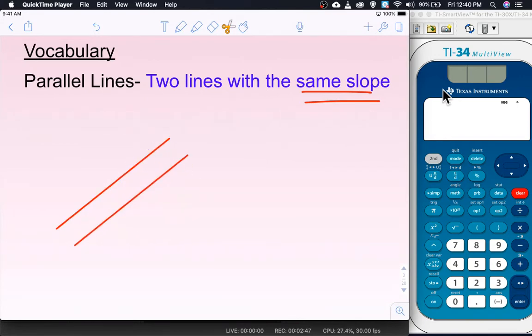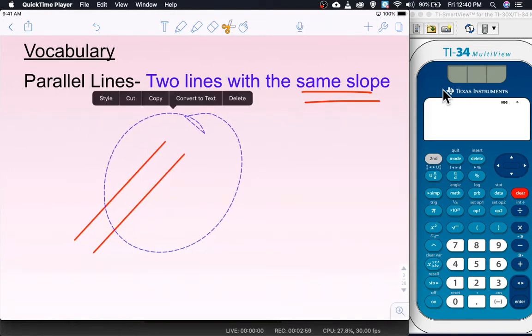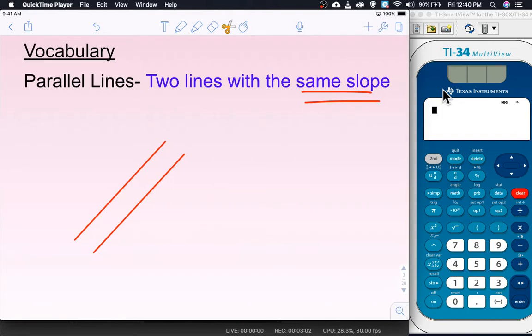So most people think of it like this, and a lot of students say, oh, they look like train tracks. Yes, they're going the same direction. But what makes them go the same direction is they have the same slope. So if I turn these lines, they're both going the same direction. The slopes of those lines are always the same. That's what makes them parallel, and that's how we're going to use this slope word later on in this lesson.